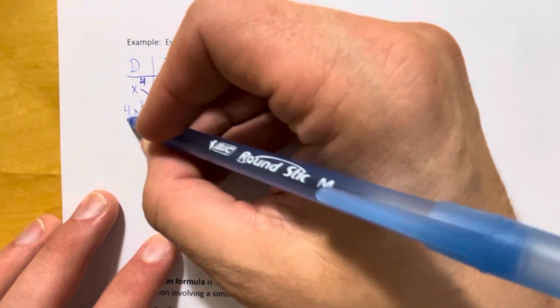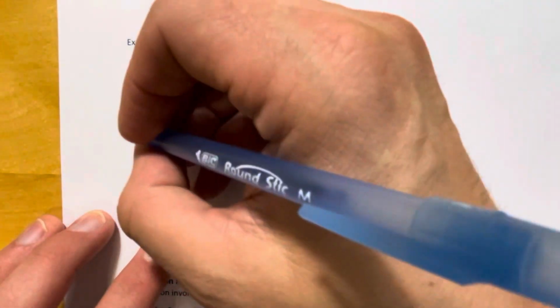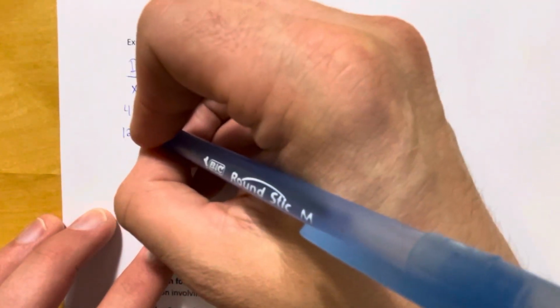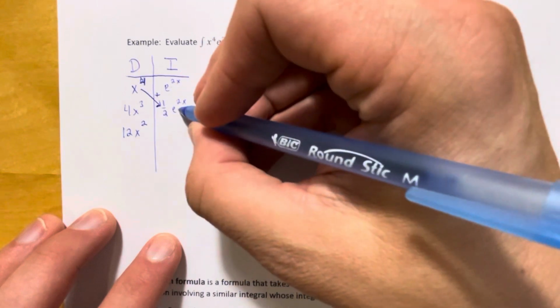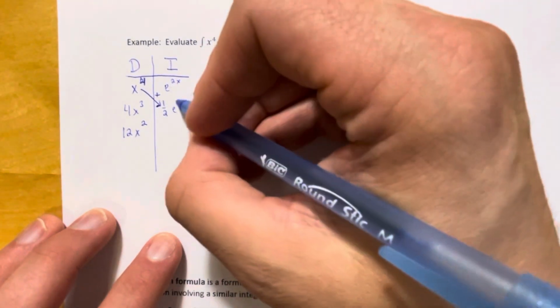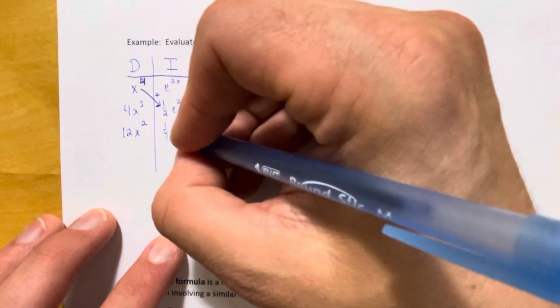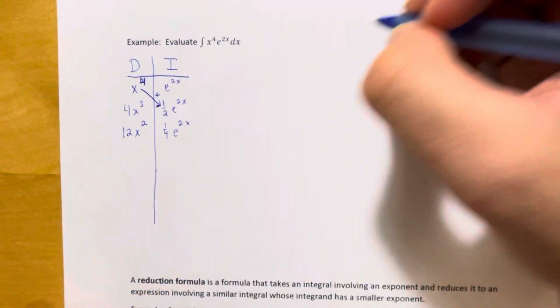So I would choose this to be my next u, and I'm going to differentiate it. That's going to give me 12x squared. This is going to be the new dv, and so I integrate that or take an antiderivative. That would be 1/4 e to the 2x. I can already see that my table's not quite big enough.